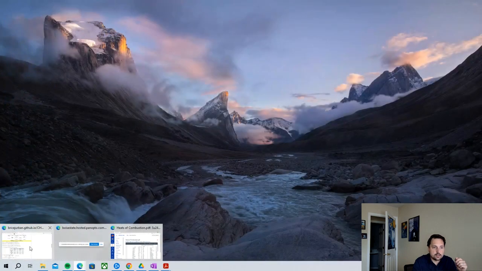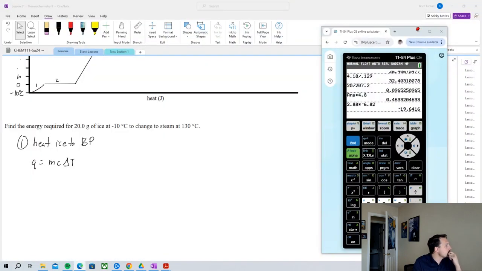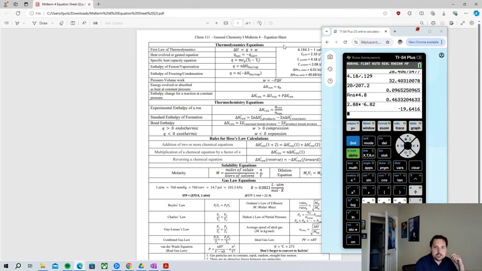There's another handout I have this week. It has all these values listed on it. Let's take a look. Right now it's called midterm 4 equation sheet.